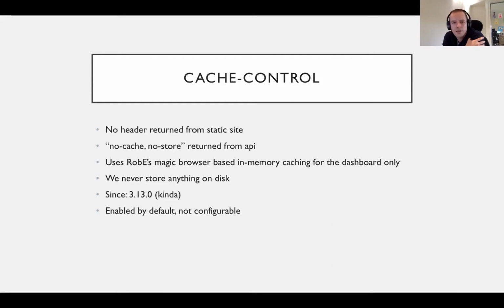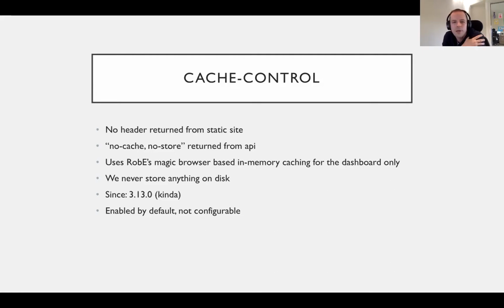The minor detail is that our static site has no secure data in it, so it's irrelevant that we're not using that header on the static site, but we are using it on the API.